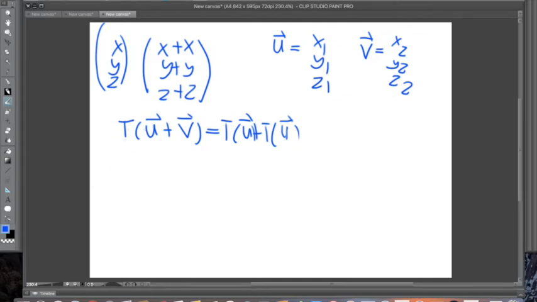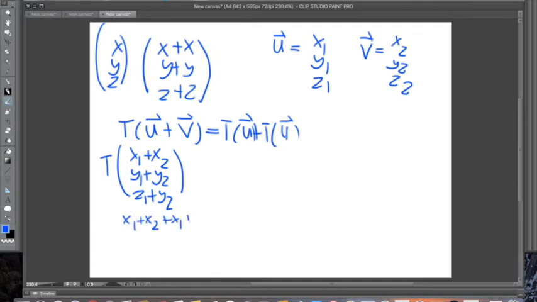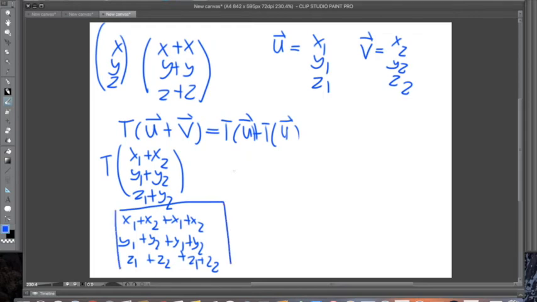When u plus v is x1 plus x2, y1 plus y2 and z1 plus z2, and we put it into T, it will be x1 plus x2 plus x1 plus x2, and y1 plus y2 plus y1 plus y2, and z1 plus z2 plus z1 plus z2.